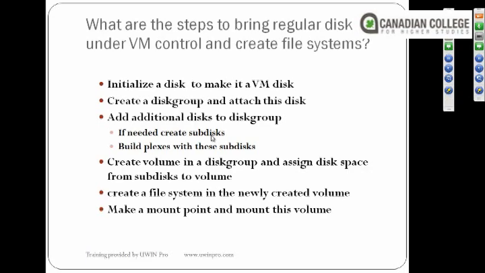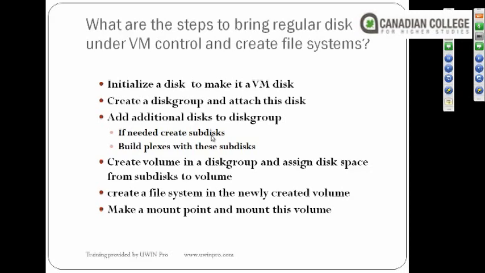A little bit further: if we already start using those disks, say it's in a volume and we are using it, can you still remove a disk out of the disk group? Without losing any data? No. We have to remove something which is not used.